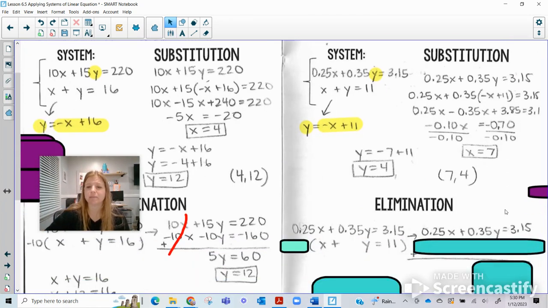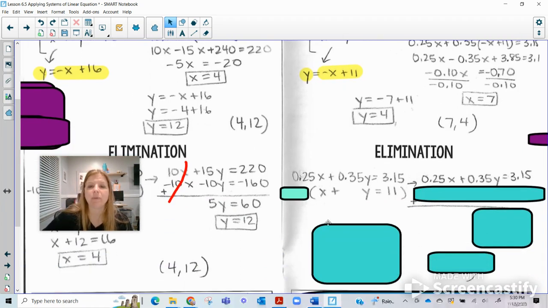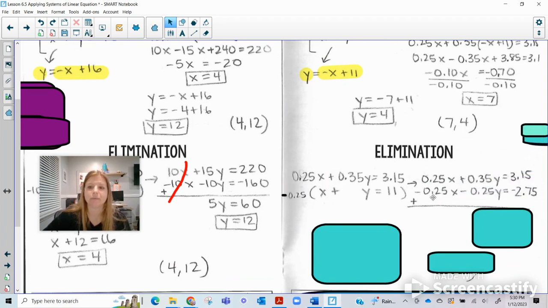If I was solving this by elimination, it might be a little bit more annoying considering that we're working with all decimals, but it's not impossible. I would want to multiply this entire second equation by a negative 25 cents to get negative 0.25x minus 0.25y, and then that negative 25 cents times 11 is negative 2.75.